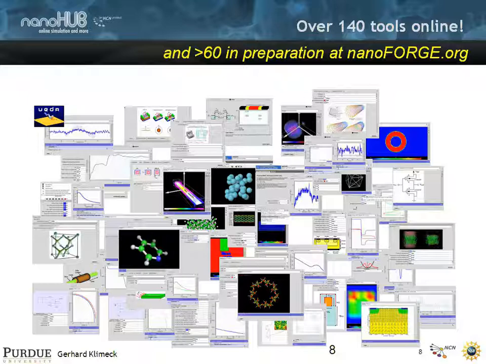I can guarantee you that as a center, we don't have 9 FTEs for all of these 140 tools, right? So we're doing something radically different. All of these tools are interactive. You can rotate molecules around, or you can look at nanowires, you can look at DFT type calculation or molecular dynamics calculations, or you can look at MOSFET simulations. So it's a broad variety of tools out there.